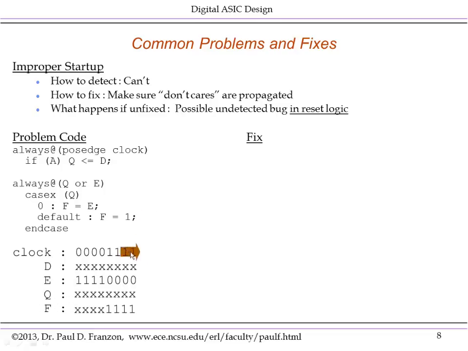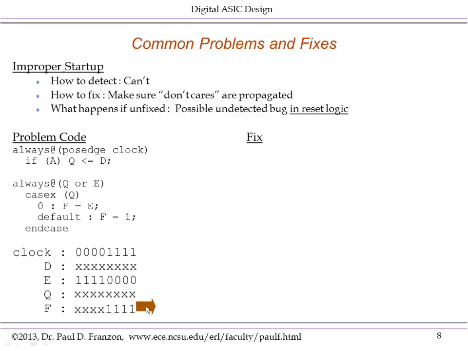Thus, you can get the simulation down the bottom here. So again, D was initialized to don't care. We forgot to apply reset to Q, so that is don't care, or unknown more precisely. Once at some point E changes, triggering the execution of this block, it executes, Q is equal to X, so it says F equals 1.